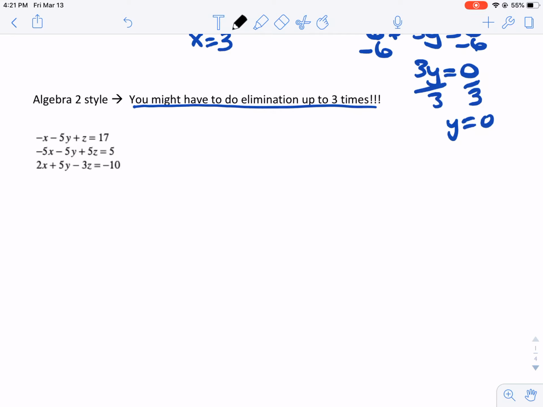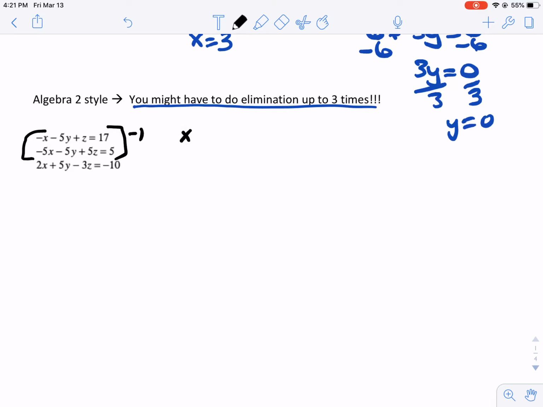So if I am looking at the first 2 equations, I think I'm going to eliminate the y's. And to eliminate the y's, all I need to do is multiply one of them by a -1. So I'm going to multiply the top equation by -1.